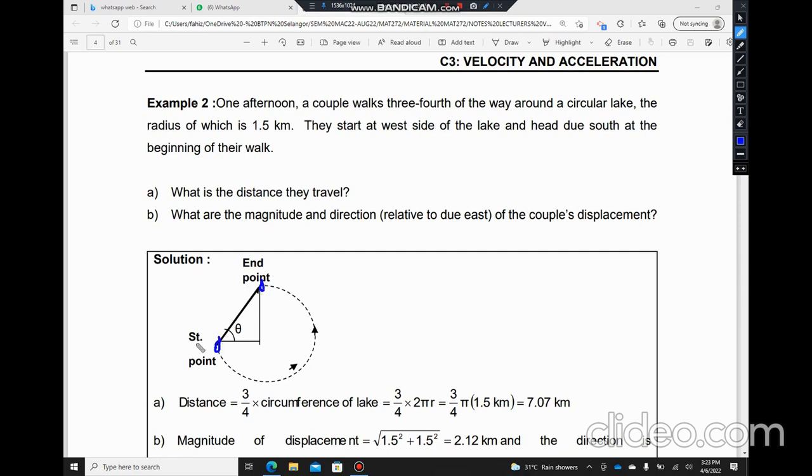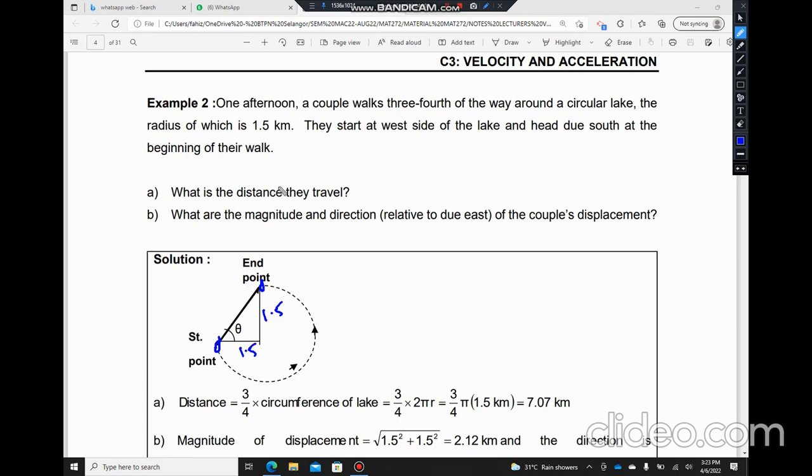Maknanya bukan satu circle, dia just 3/4. Then radius is 1.5. They start at west side of the lake and head due south at the beginning of their walk. What is the distance they travel?